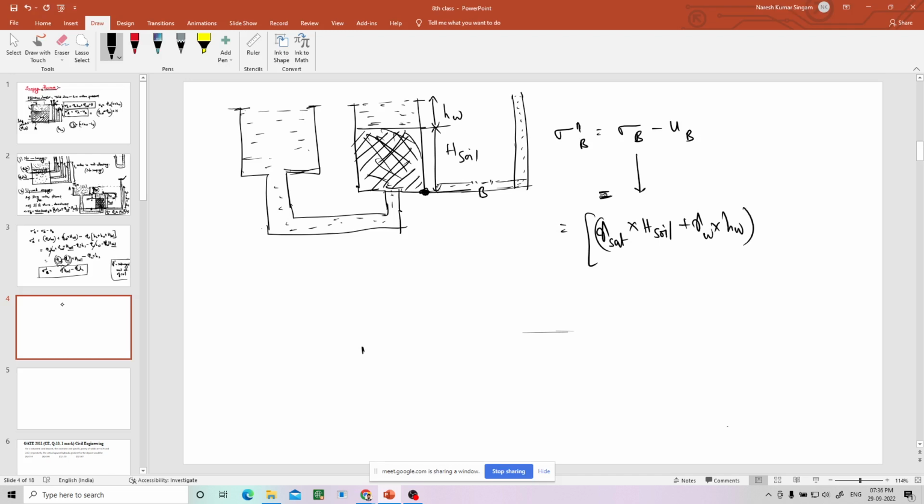This is the total. And the pore water pressure is this height into the water unit weight. Now these two get cancelled, isn't it? No, sorry, I have done something wrong, there is some problem.